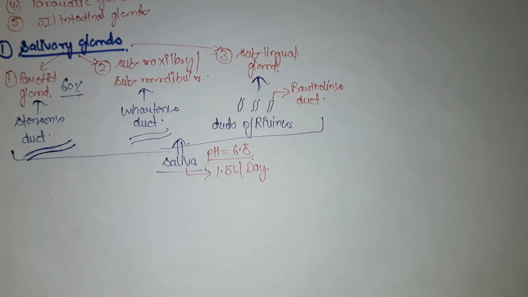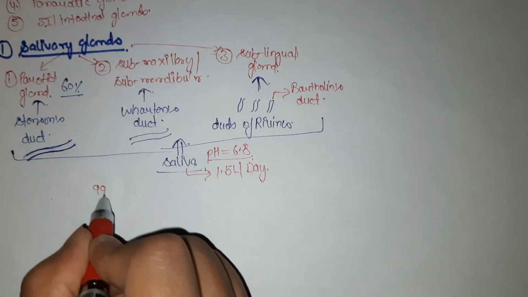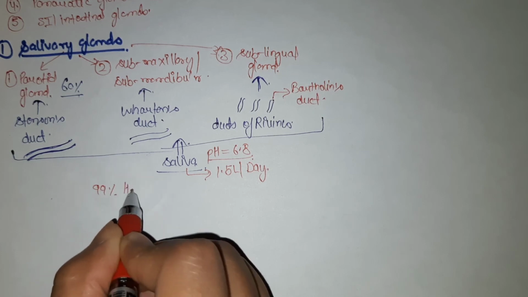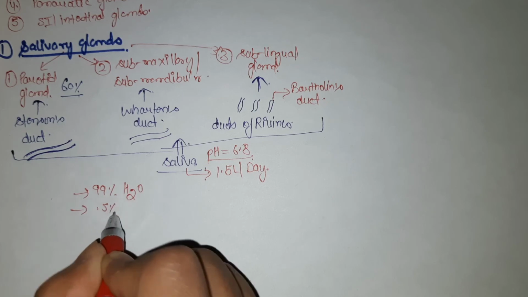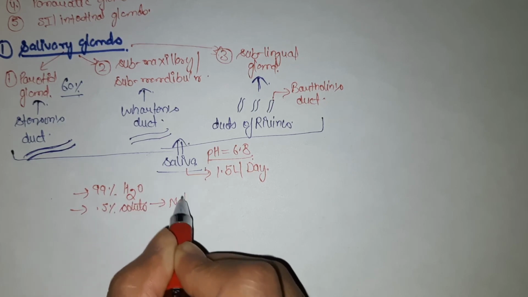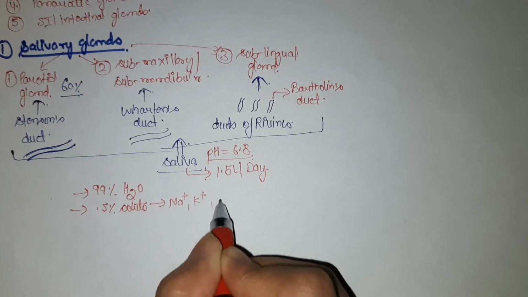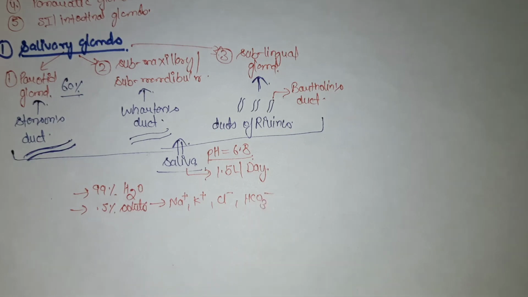Now the composition of this saliva is 99% water, then 0.5% solutes, which are sodium, potassium, chloride, and bicarbonate ions.